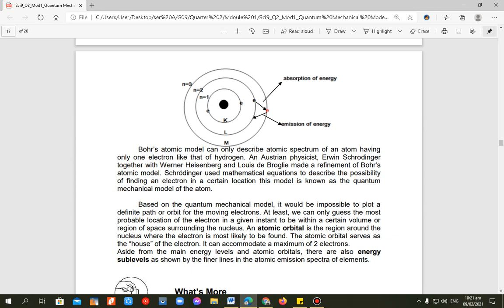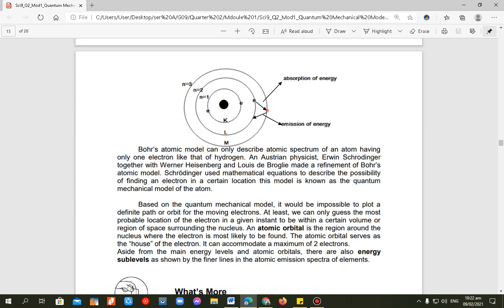So, dito sabi ni Bohr's atomic model can only describe the atomic spectrum of an atom having only one electron like that of hydrogen. So, an Austrian physicist, Erwin Schrödinger, together with Werner Heisenberg and Louis de Broglie, made a refinement.